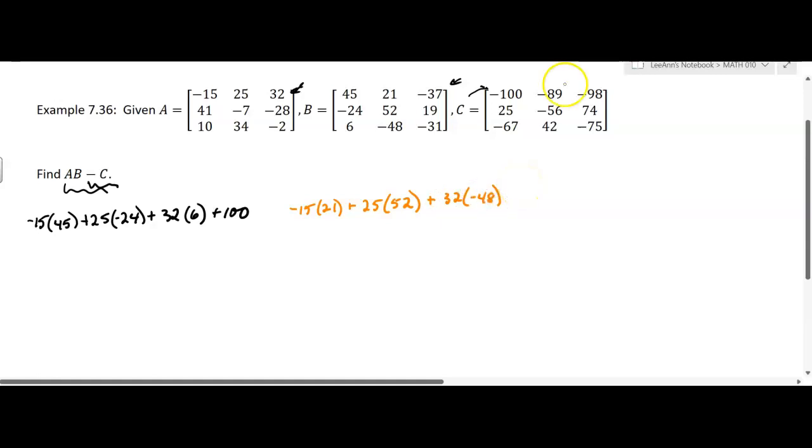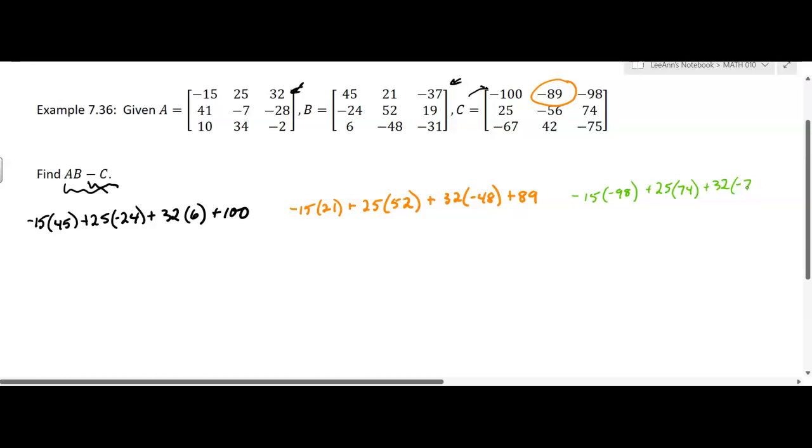And then it's going to be this one right here, plus 89. Now I'm going to do first row, third column. So negative 15 times negative 98, plus 25 times 74, plus 32 times negative 70.